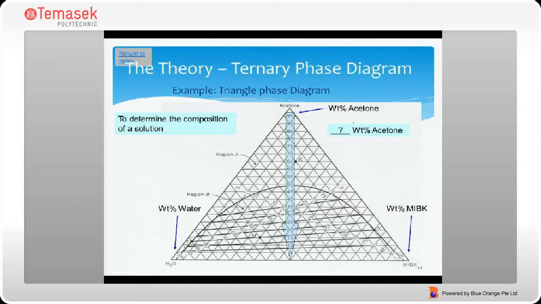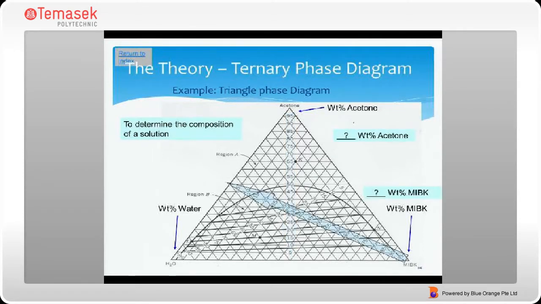To find out how much acetone is in the mixture, we follow this set of numbers. They are in weight percentages. To find out how much MIBK is present, we use these numbers. And for water, we use these numbers.